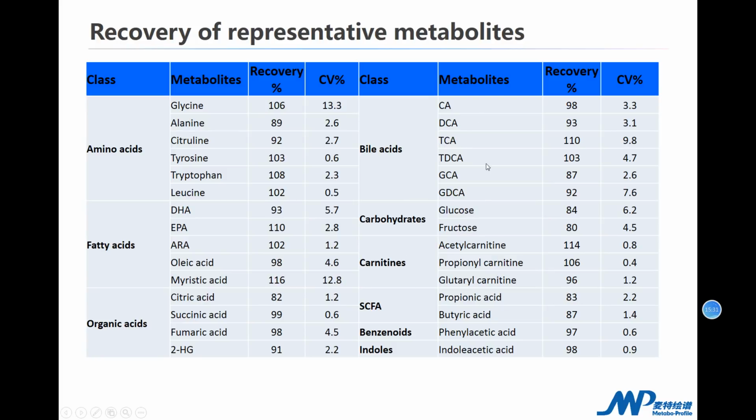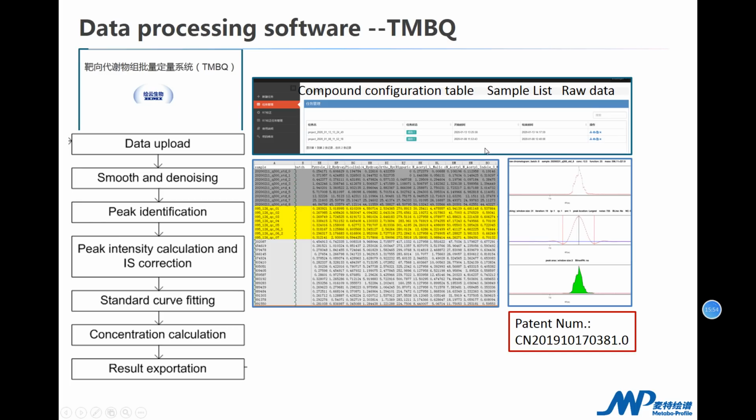And bile acids and some short-chain fatty acids, the recoveries are all between 80% and 120%, which means the high accuracy of this method. There are over 300 metabolites measured in one injection.